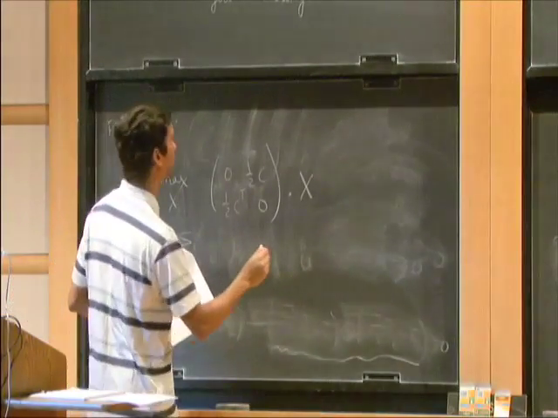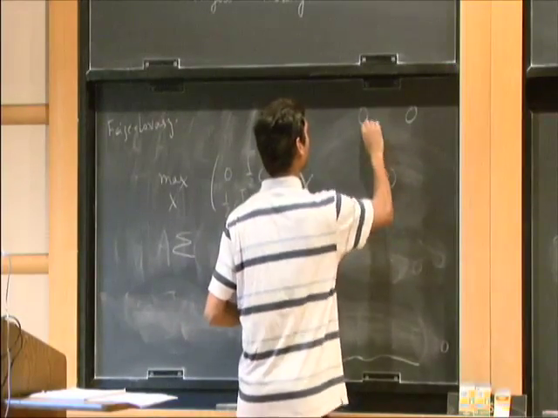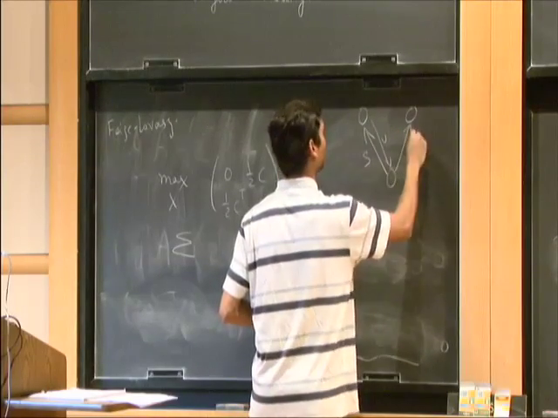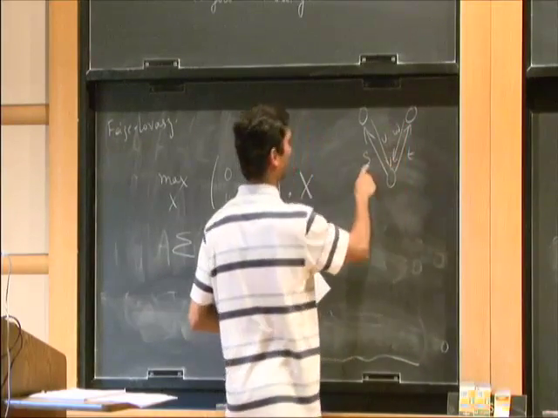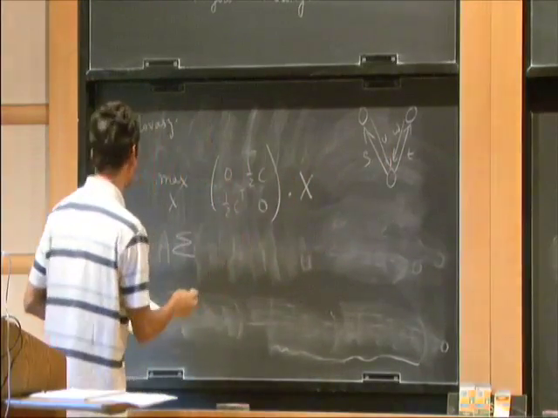Remember that you had two provers and one verifier. The verifier asks questions S and T, and they reply with U and W. S was in capital S, U was in capital U, W was in capital W, and so on.